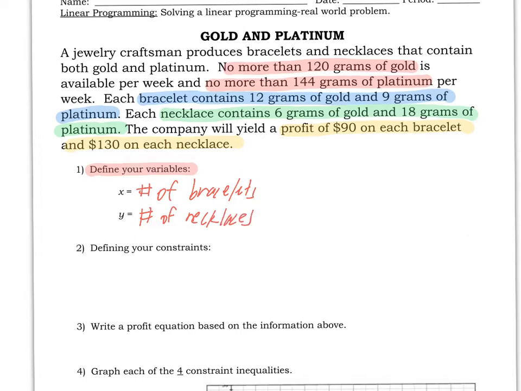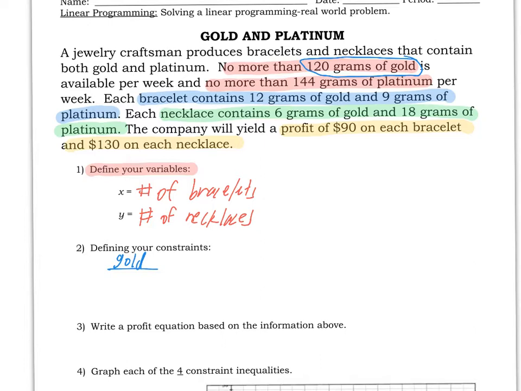Now looking at our constraints. First we have the constraint on the gold. Our gold constraint is no more than 120 grams. Where does gold get used?